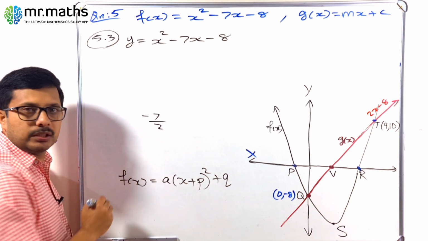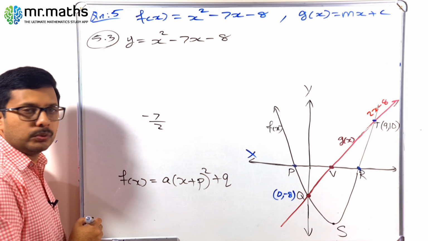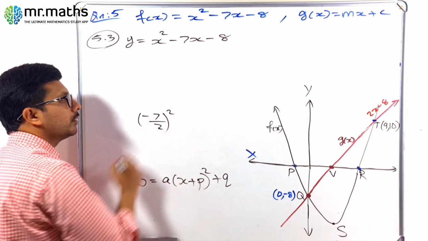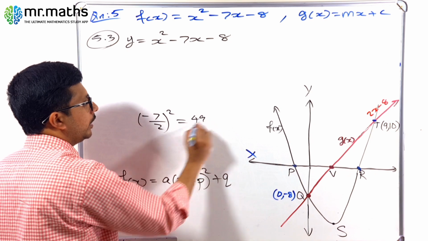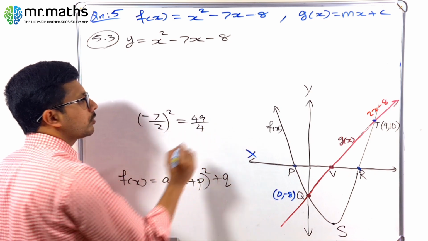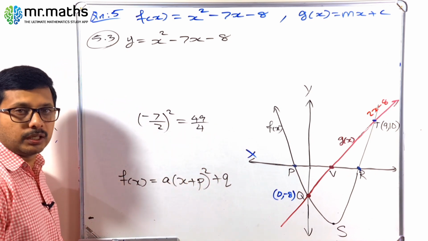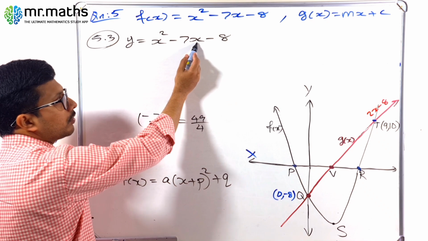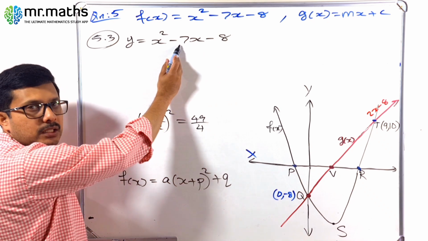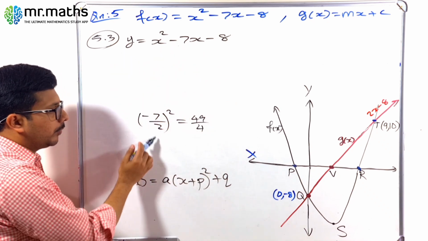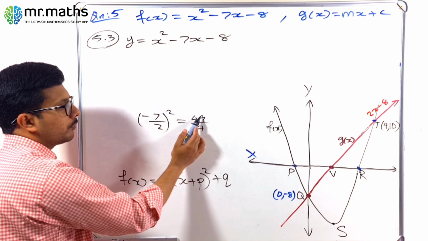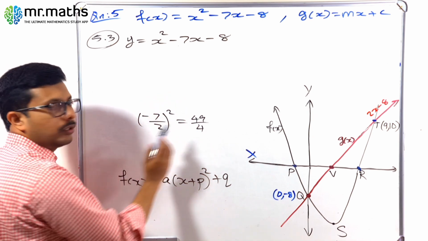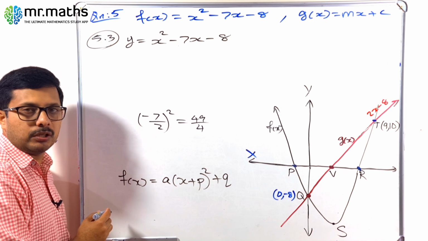Half the coefficient, that means minus 7 over 2, then square that number. Minus 7 square is 49, 2 square is 4, so it is 49 over 4. Listen once more: check the coefficient of x, minus 7, half of it is minus 7 divided by 2, square that one, so 49 over 4.